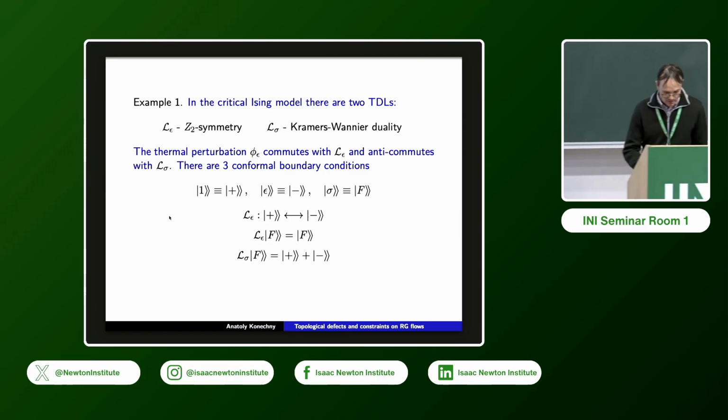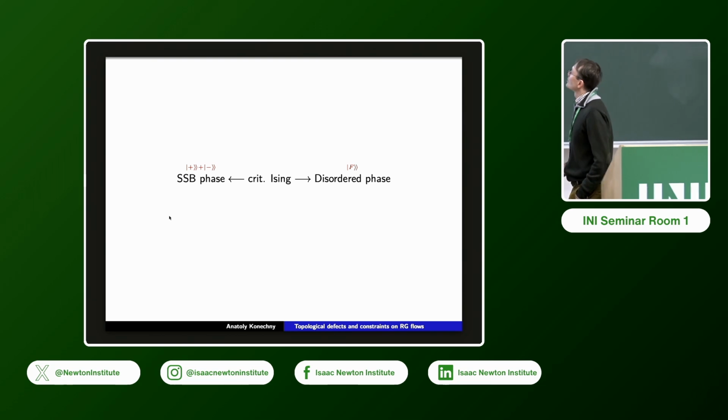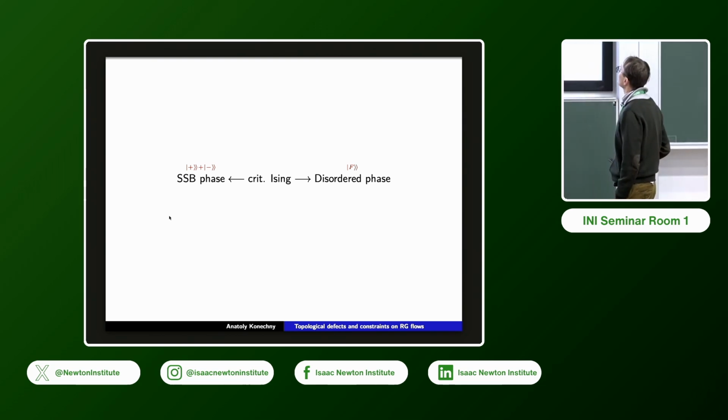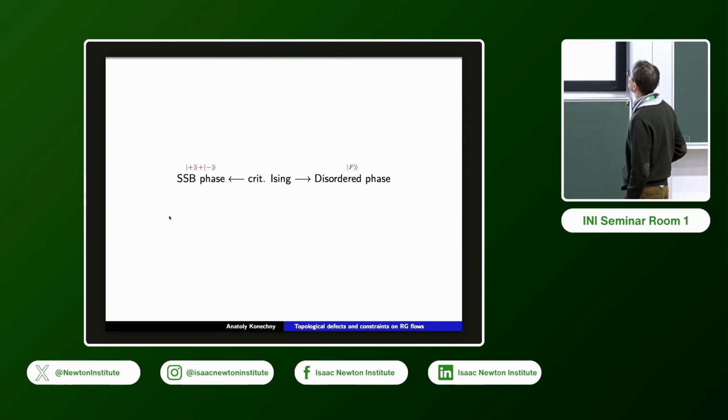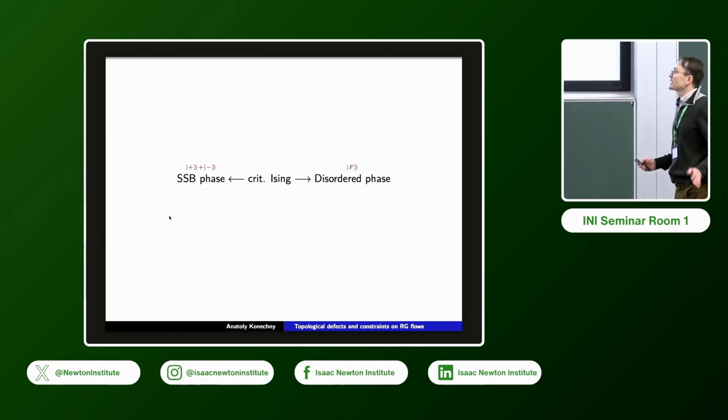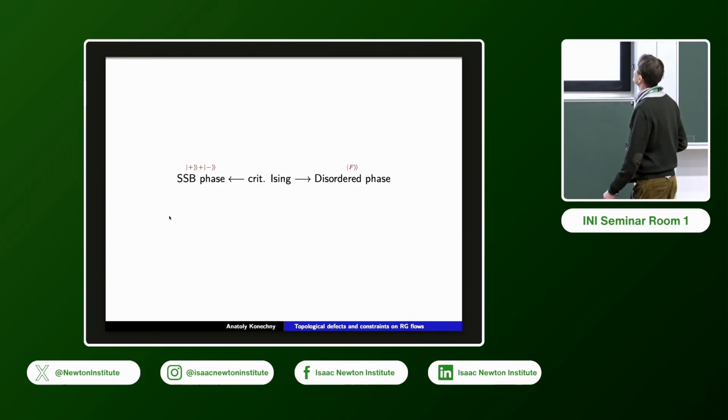So this is the classic example of spontaneous symmetry breaking. We perturb the critical Ising by this thermal perturbation. The coupling sign is conventional, but on this picture the convention is such that for the positive case, we flow to the disorder phase. For the negative coupling, we flow to the symmetry breaking phase.